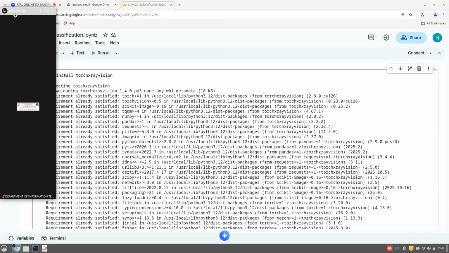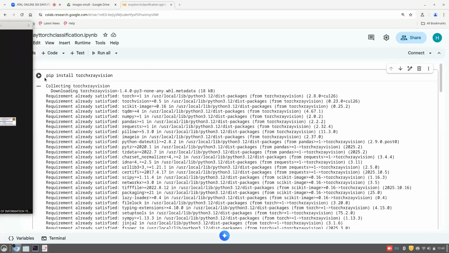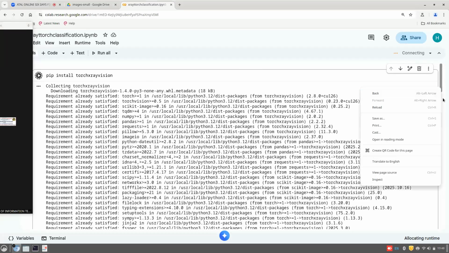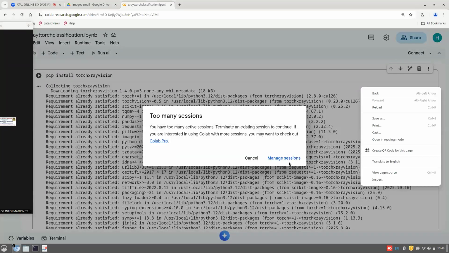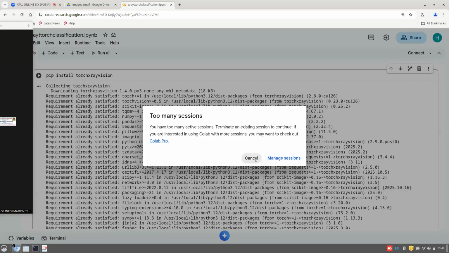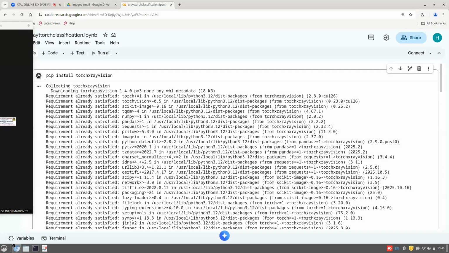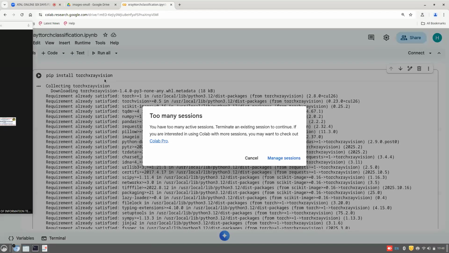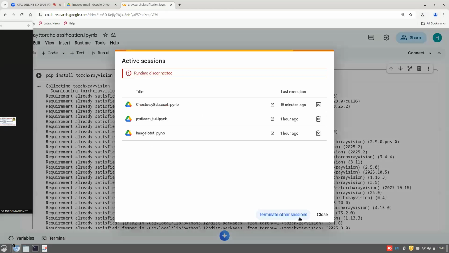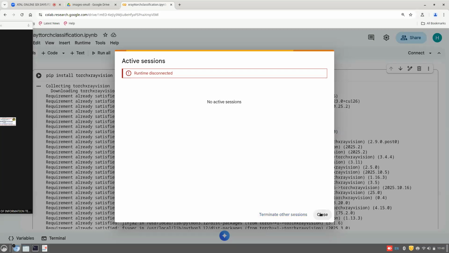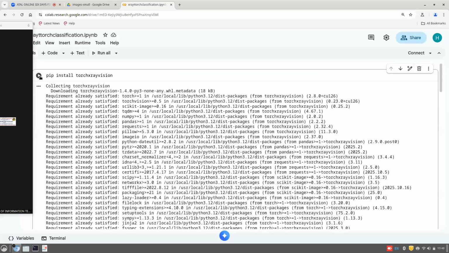So there is a library called Torch X-ray Vision, which has pre-trained models for X-ray. That's why I'm showing this. You can install this library by pip install torchxrayvision.